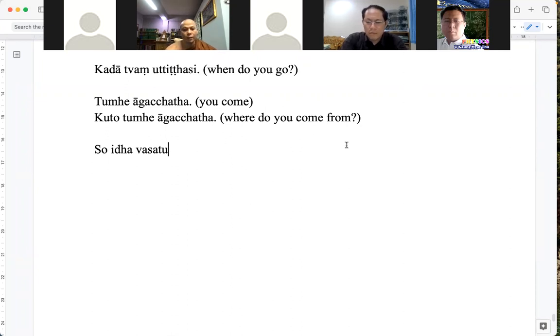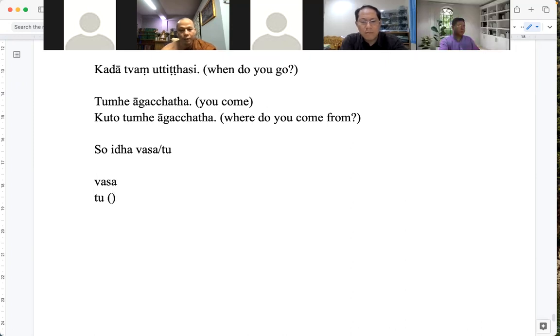So that verb vasatu, we can divide. So vasa and the tu. So when we see tu, oh, this one is imperative. So vasa and then tu, okay? So because of tu, we can understand this verb is imperative, and then the person, and then singular.